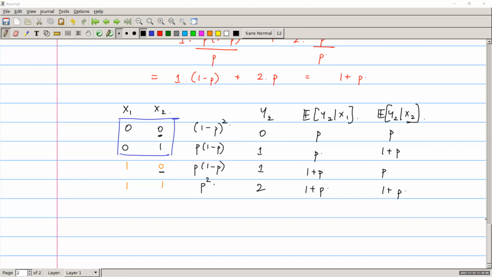Okay, so let's do this one. What will be the expectation of x1 given y2? Now this is a function of y2. This is like saying I give you the value of y2 and you need to tell me what is the value that x1 can take.